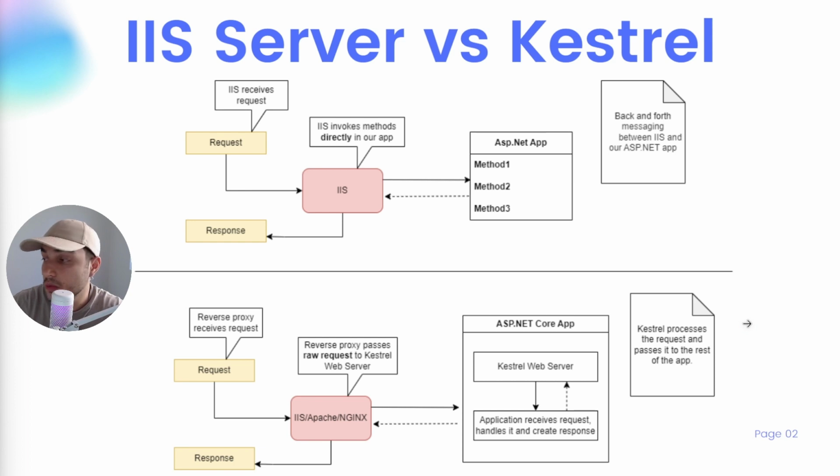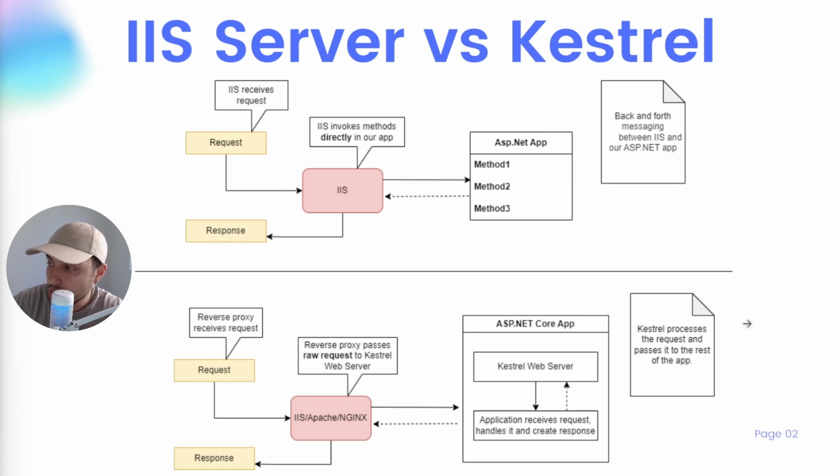There's so much more going into understanding how this Kestrel processes the request and how it sends it to the rest of the application, so the application can basically understand the request. But we're going to go into that later.